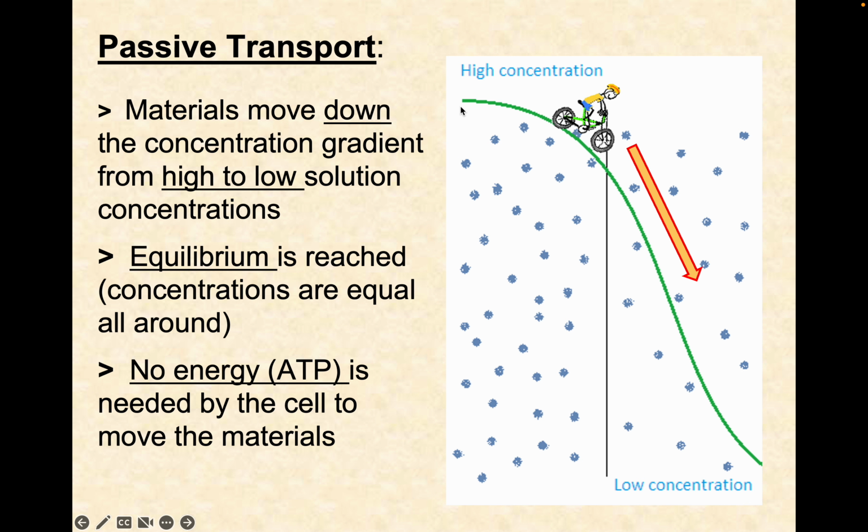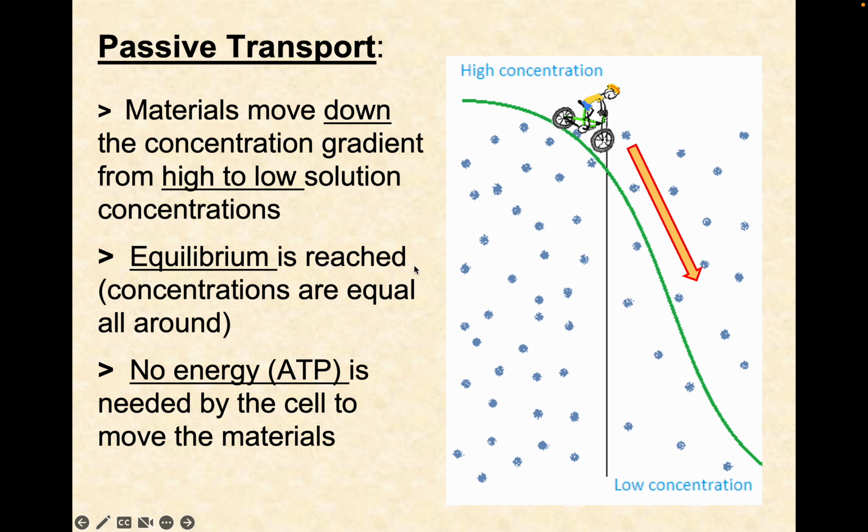So it is like you are biking downhill. Even if you are not pedaling, you are not exerting effort, because of the force of gravity your bicycle will move from the top of the hill and down the hill. Okay?